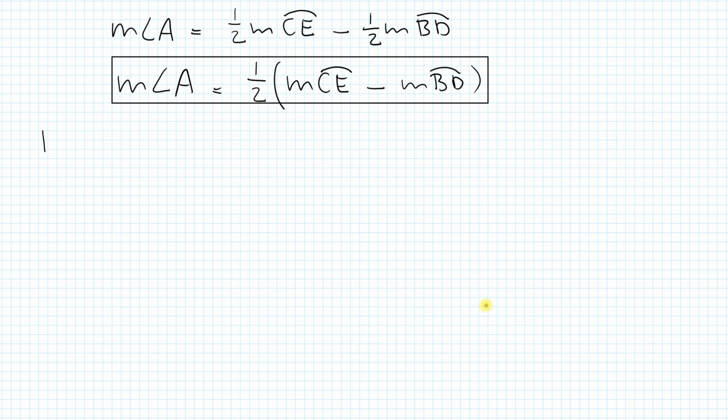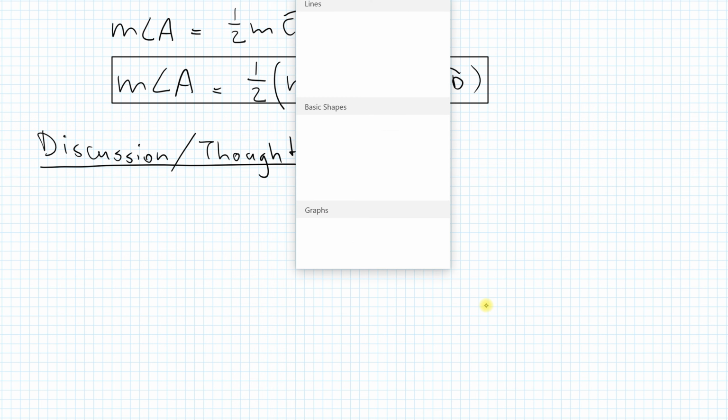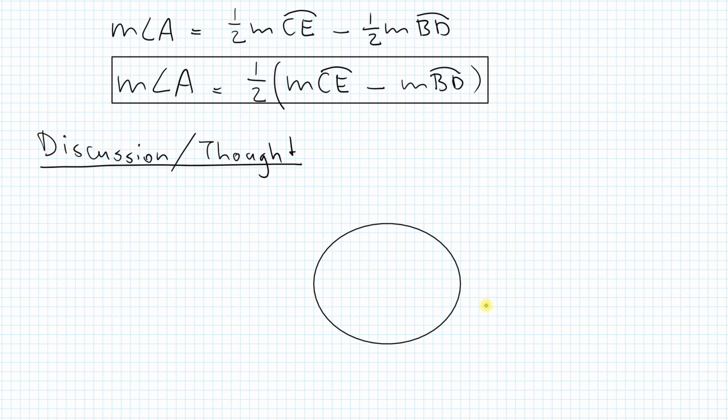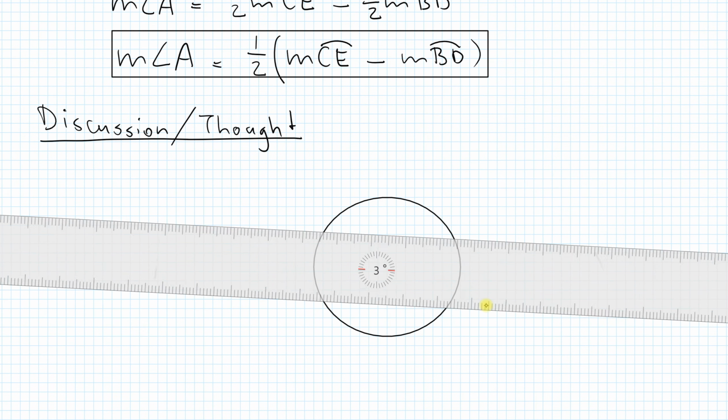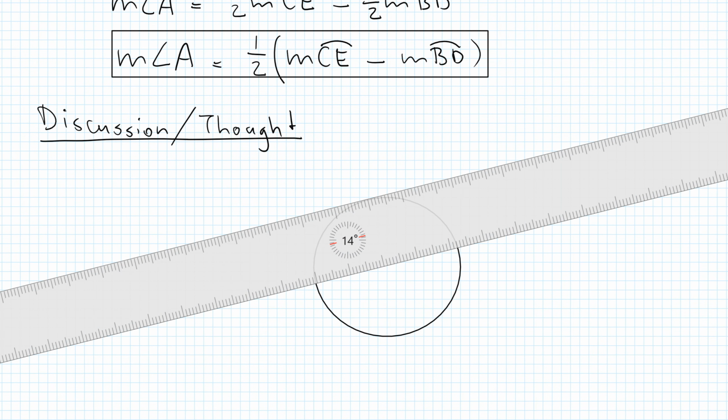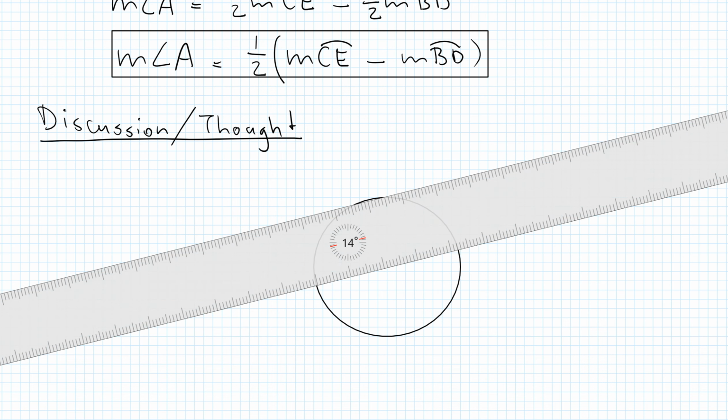So here's your discussion now, or a thought, something to think about. Obviously, it's hard to discuss when you're all home. Let's say that you have a circle, okay? And instead of drawing two secants, let me draw a tangent and a secant.